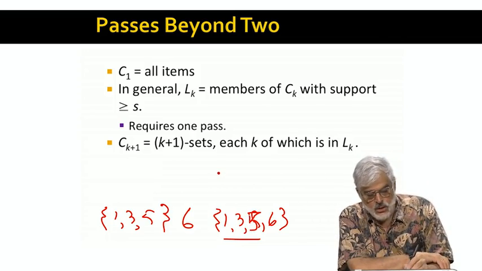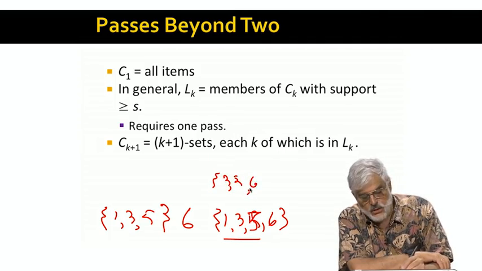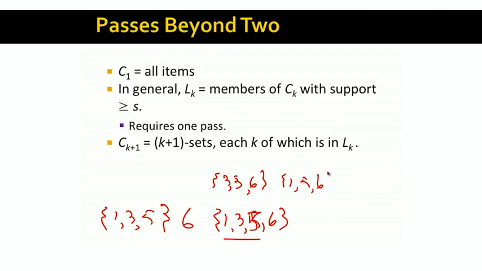We have to test 3, 5, 6, and 1, 5, 6, and I guess 1, 3, 6. And if all 3 of these are in L3, then we would put this set, 1, 3, 5, 6, in C4.